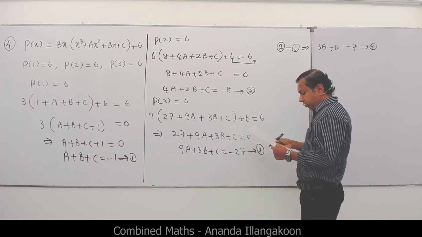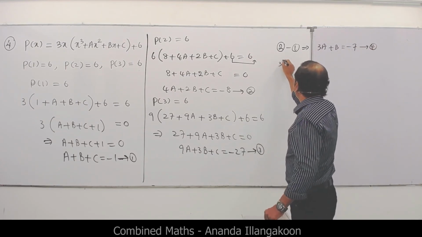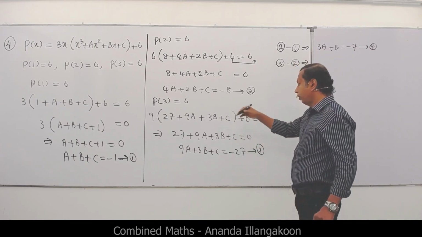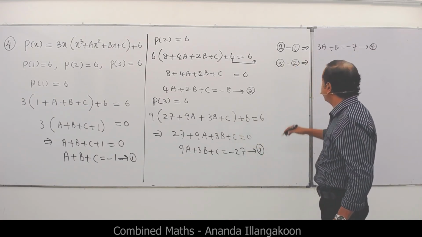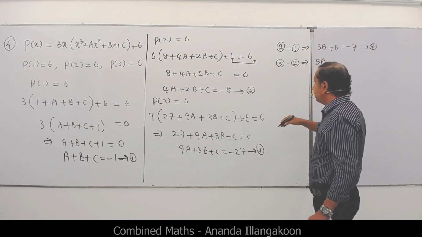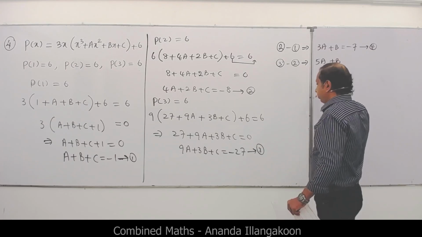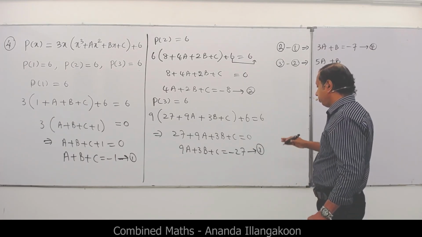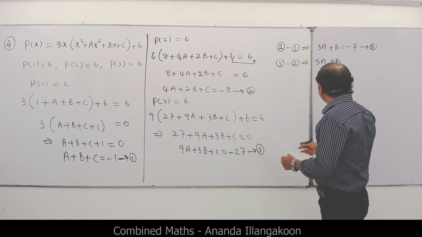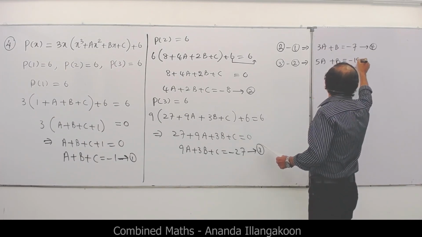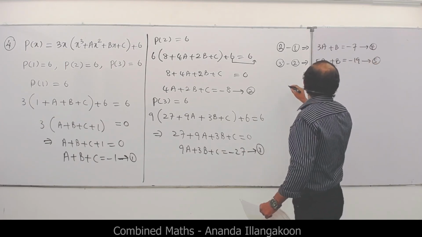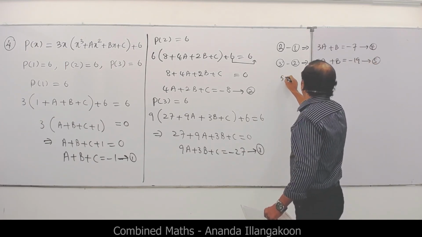Next one we take 3 minus 2. 9A minus 4A, it's 5A. 3B minus 2B is B. C minus C is 0. Minus 27 plus 8, it's minus 19. This is number 5.